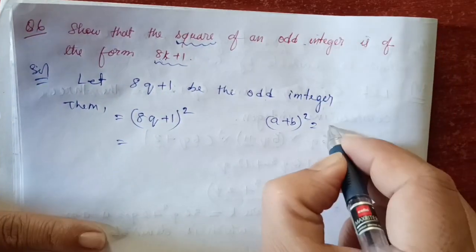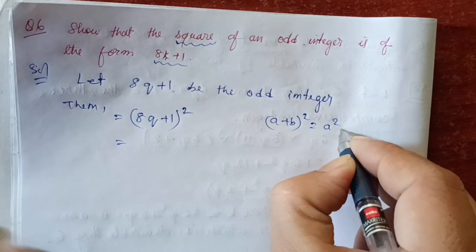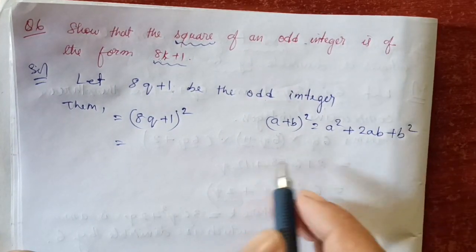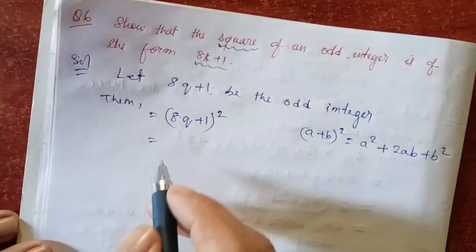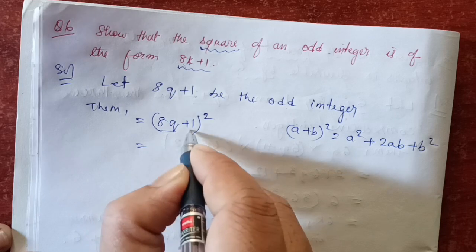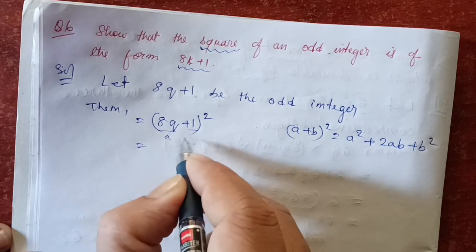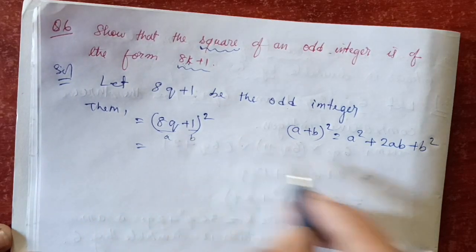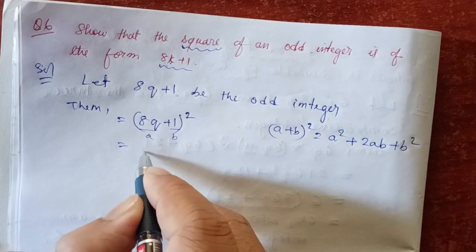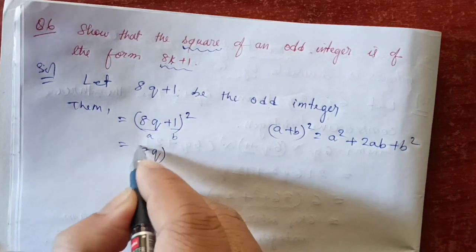What is the formula? a square plus twice ab plus b square. Okay, so now let us apply this formula. This is your a, this is your b, right? So according to the formula a square, our a is 8q.